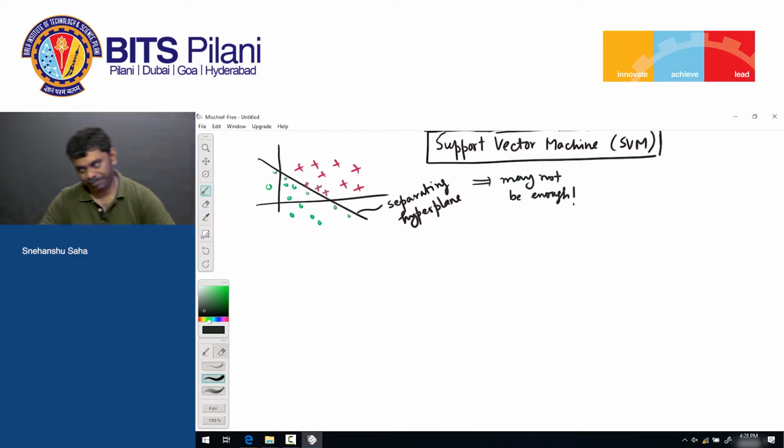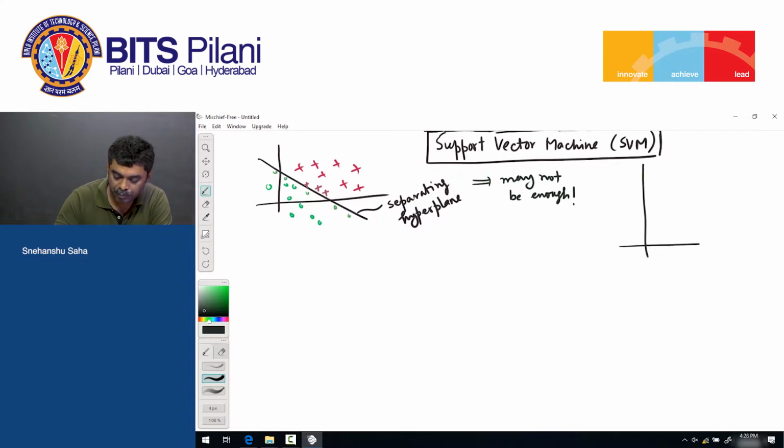So is there a better way? The better way is something Vapnik suggested: instead of one line, instead of one vector, can we have two vectors, and the two vectors are supporting each other? They provide a support mechanism, such that the two lines, being parallel to each other, provide support in such a way that in between the two lines there cannot be anything.